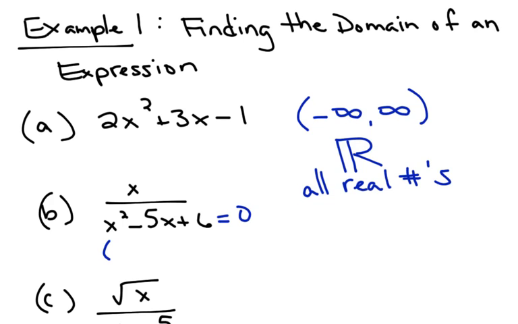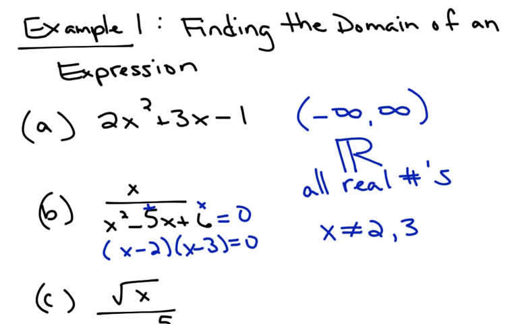When you factor it, the two numbers that multiply to give you 6 but add to give you negative 5 are negative 2 and negative 3. Then, using the zero product property, you find out that if x is 2, the denominator becomes 0 because 2 minus 2 is 0, or if x is 3, the denominator is 0 because 3 minus 3 is 0. So we say this is the domain: x cannot equal 2 or 3.